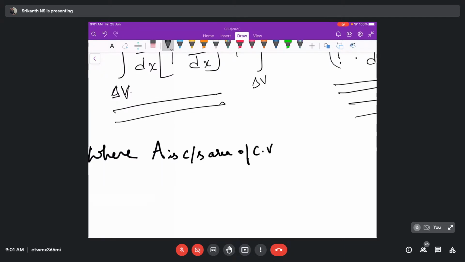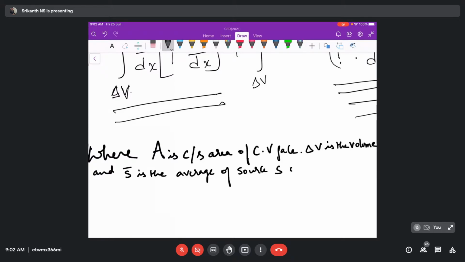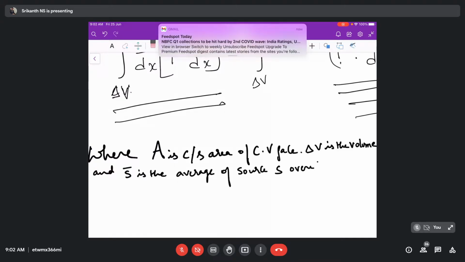So A is the cross sectional area of the control volume face. Okay, delta V is the volume and S bar is the average source over the control volume. Okay.